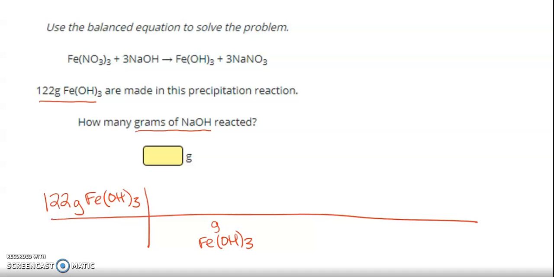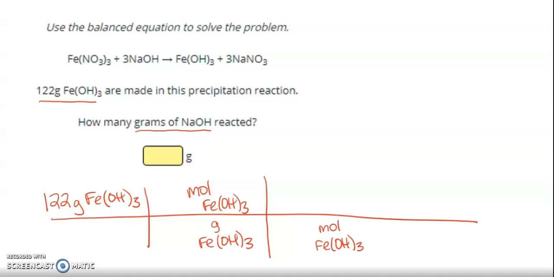We're trying to get to grams of NaOH, but we cannot go straight there this time. The balanced equation doesn't tell us grams of one thing to grams of something else, only moles to moles. So we're going to have to first get to moles FeOH3. Okay, so we'll have another step. We have to drag down moles FeOH3.